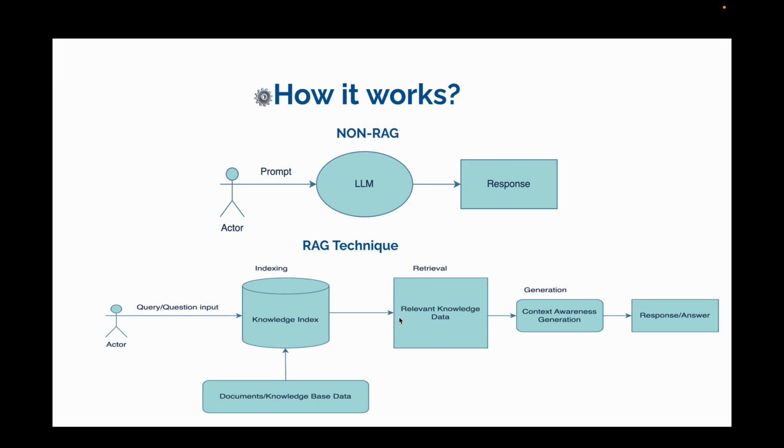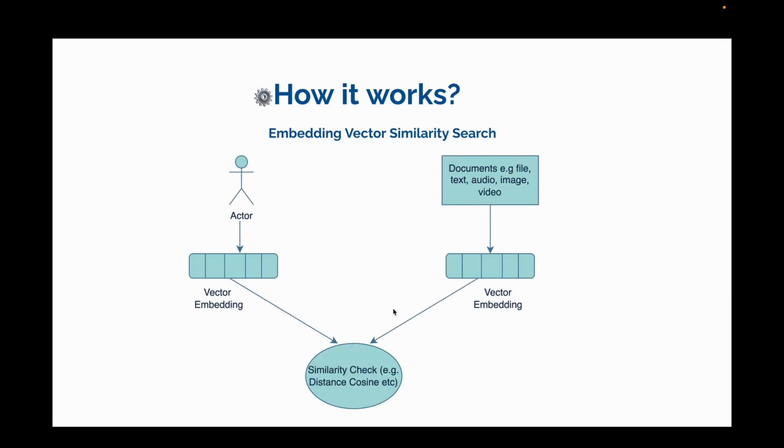So let's see how the embedding vector similarity works. When you have your document, your file, your text, your audio, your image, your video, or any of your media, and you want to save it into your knowledge base, it basically converts all of it into vectors, or what we call vector embeddings. Then, when you ask a query or a question, it converts your question into vector form as well.